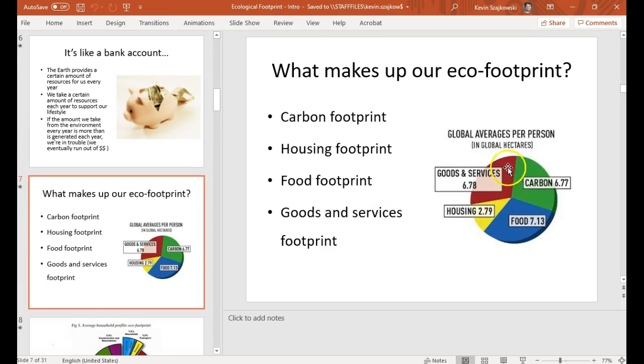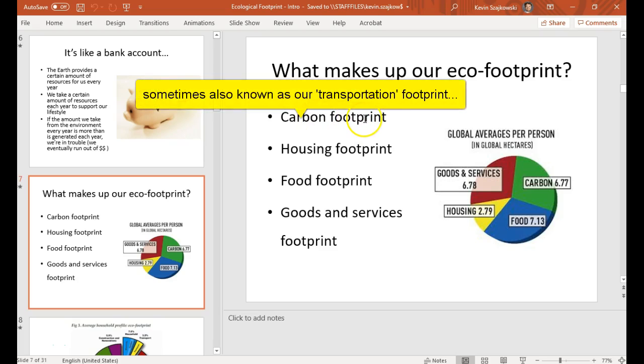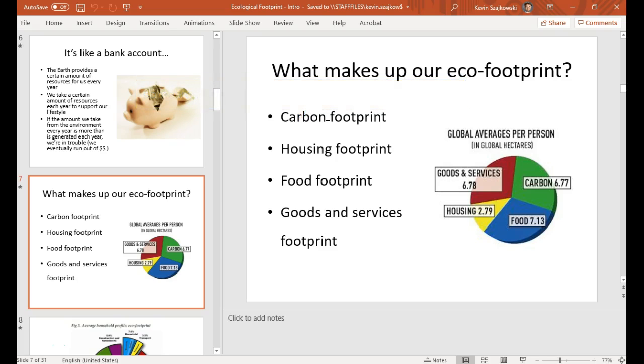So again, you will have done some textbook study notes, or you should be in the process of doing some early textbook study notes which talk about these major categories of eco footprints. And so our carbon footprint is a very common way of talking about our energy footprint, because most of the energy that we consume is based on fossil fuel consumption, which then creates carbon dioxide.